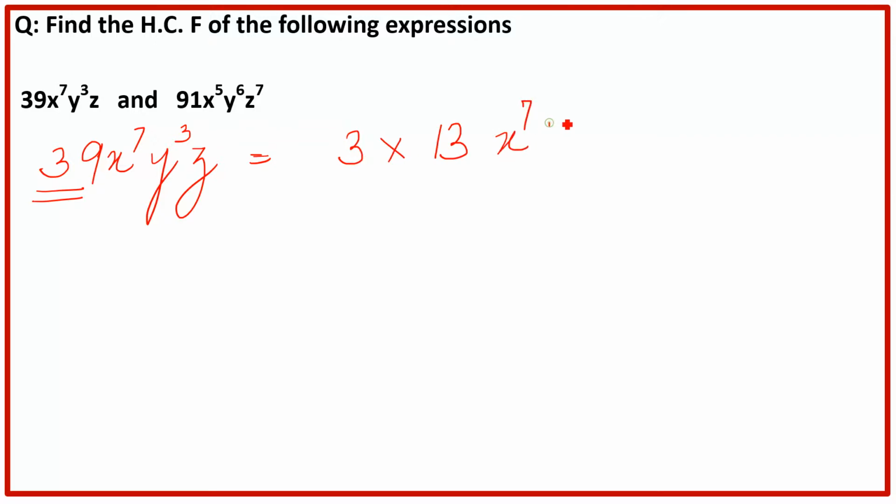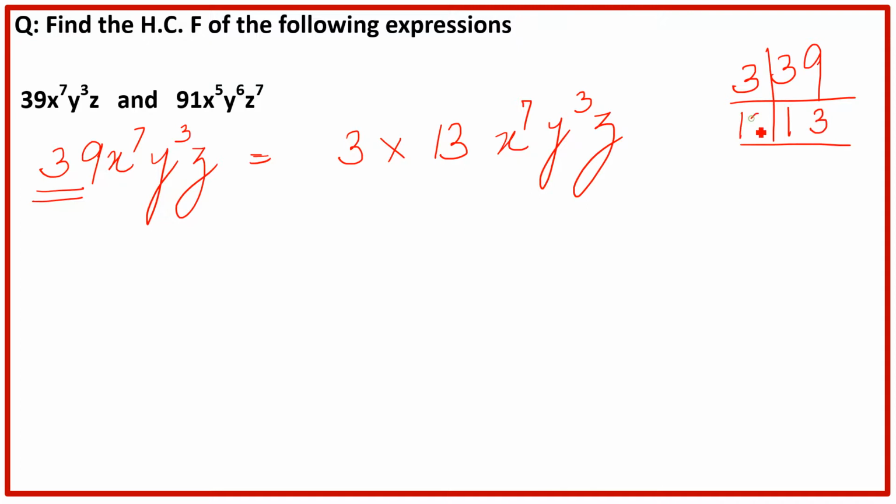Write down x^7 y^3 z as it is. If you do not know how to make this, because this is very simple, 39, if it is a long number, do not worry about it. Make the LCM. 3 1 time 3, 3 3 times 9, and 13 1 time 13. So these two are the factors of 39.